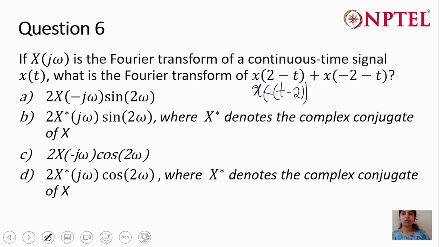How can I write x of minus 2 minus t as x of minus t plus 2? Here you have to apply the time shifting and scaling property of Fourier transform. Can you guys try this?